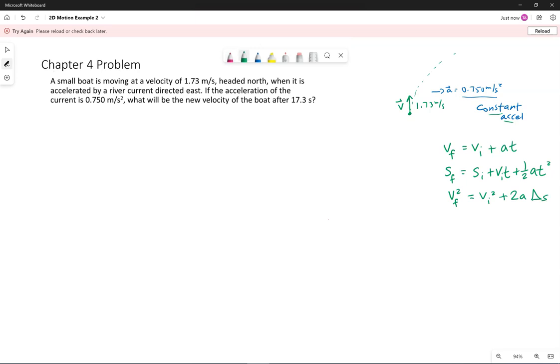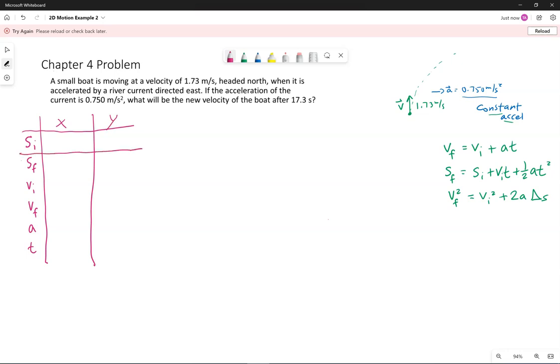Similar to my suggestions in linear motion, when acceleration is constant, I still recommend writing out the variables that show up in the equations. But when we have two-dimensional motion, meaning not a straight line, we want to write out what we know for both the x direction and the y direction independently or individually.